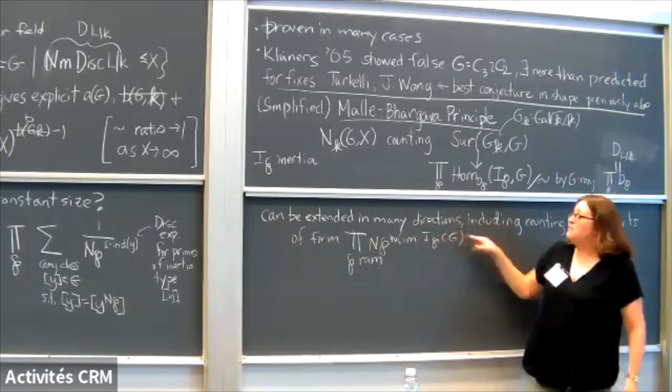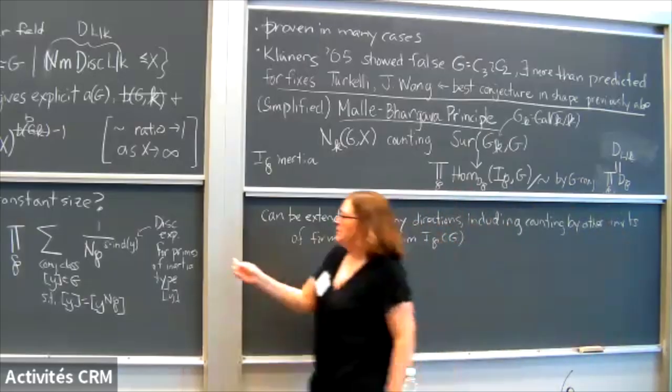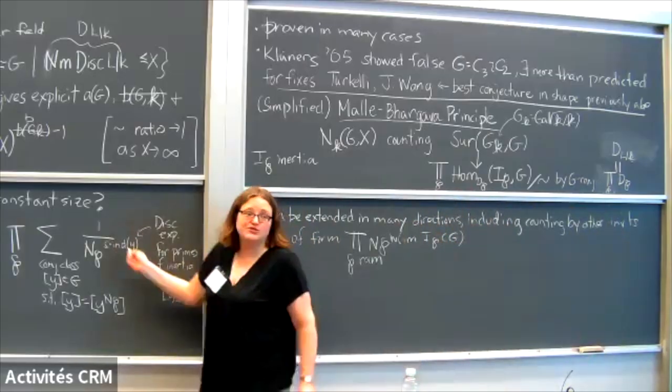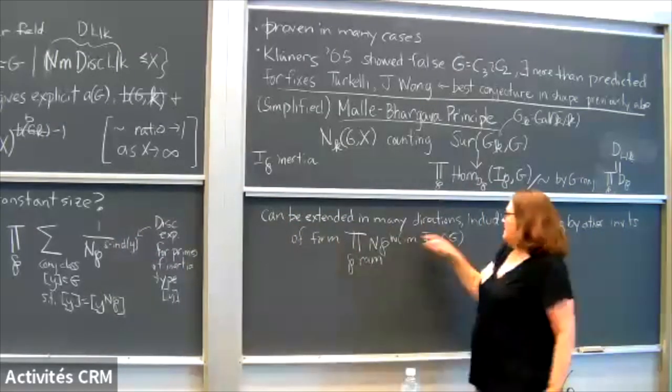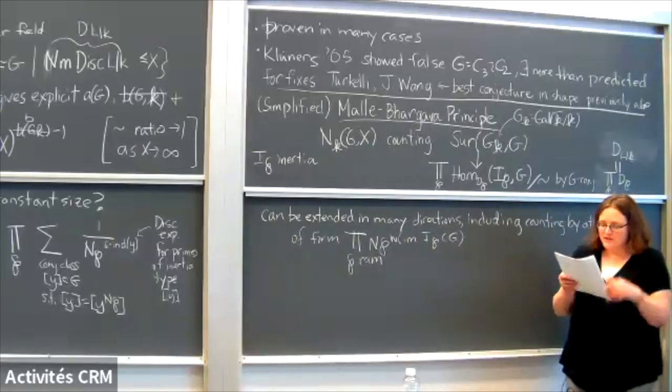So this is just some function. Here it was a particular discriminant exponent, but you could take other exponents of your choice.